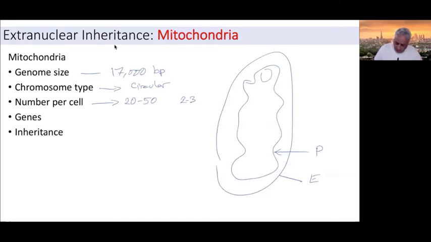So we have a circle of DNA inside the matrix of the mitochondria. In fact, what you do find is that there's 3 or 4, maybe 5 copies of this chromosome all stacked together into a blob called a nucleoid. And instead of having just one nucleoid, you could have another stack of chromosomes in another region of the same mitochondrion.